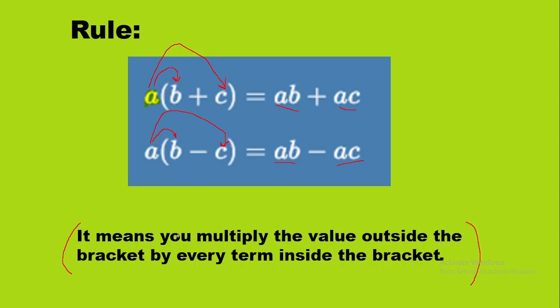It means you multiply the value outside the bracket by every term inside the bracket. Whatever term you have outside the bracket, you multiply it by each term inside the bracket. Alright, moving on.